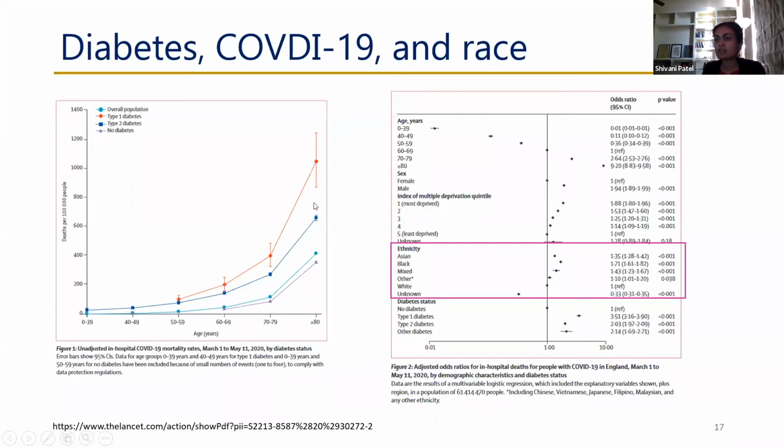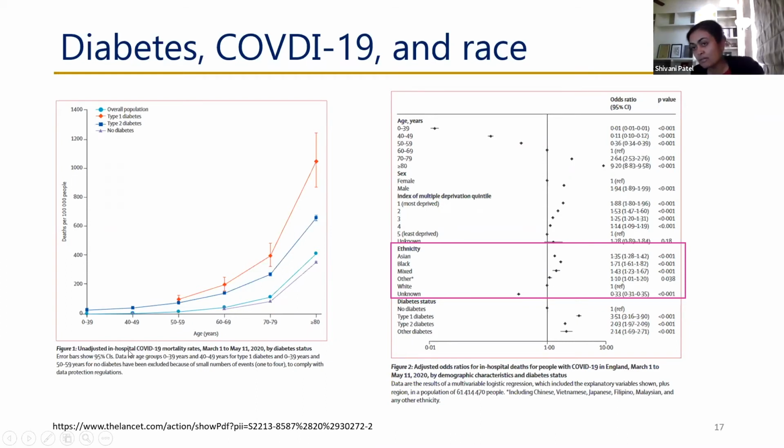So that darker blue group always has a higher rate of death than the overall population, which is this lighter blue or turquoise line. And also, if you compare specifically the people who have no diabetes, which is the purple line, you also see this very pronounced difference in deaths per 100,000 people. And these are COVID-19 deaths per 100,000 people.